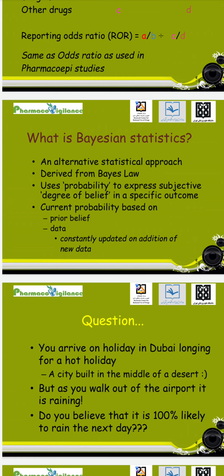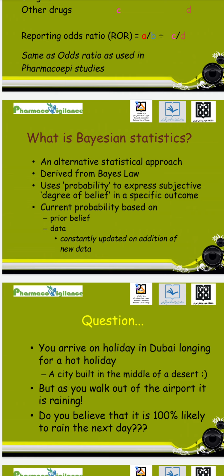The current probability is based on prior belief and is constantly updated on the addition of new data. This is Bayesian statistics.